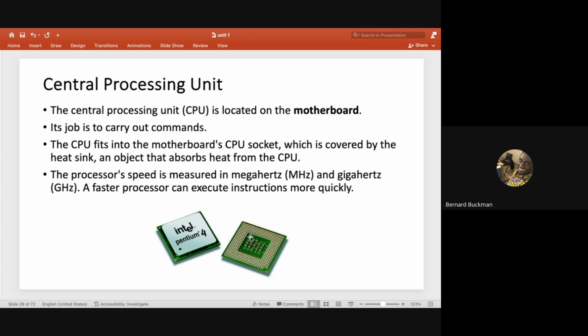Usually, the speed of the CPU determines how fast your computer will run. These days, it's measured in gigahertz. Gigahertz stands for what? Billions of cycles per second. Because it's so fast, we don't measure in seconds, we measure in hertz. So take note of that.